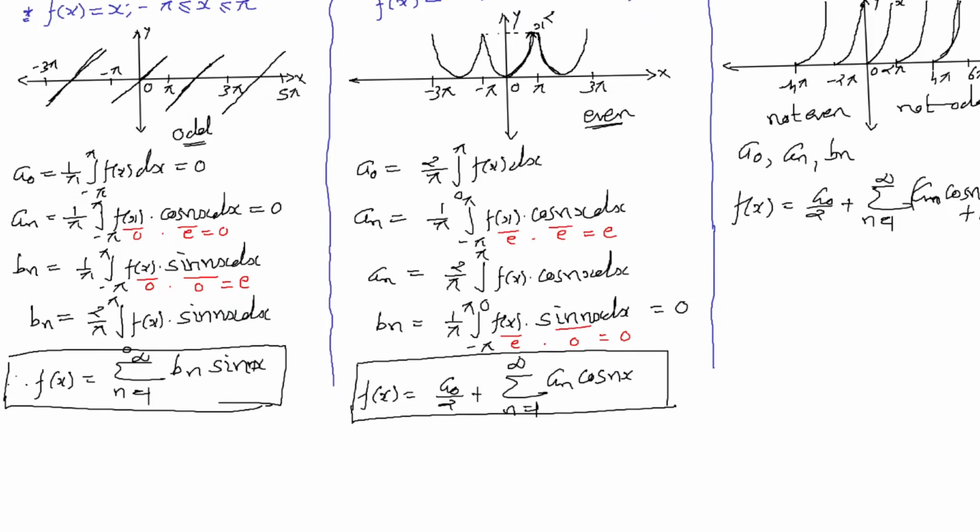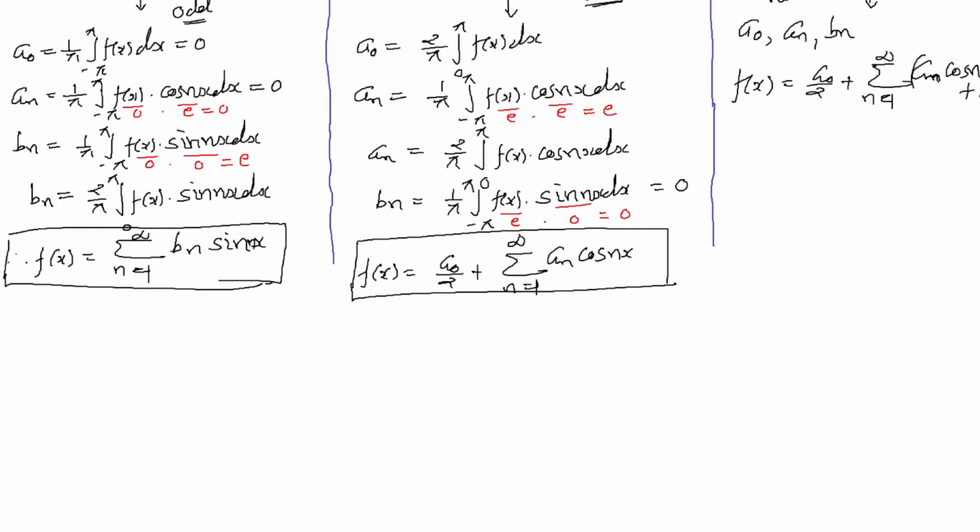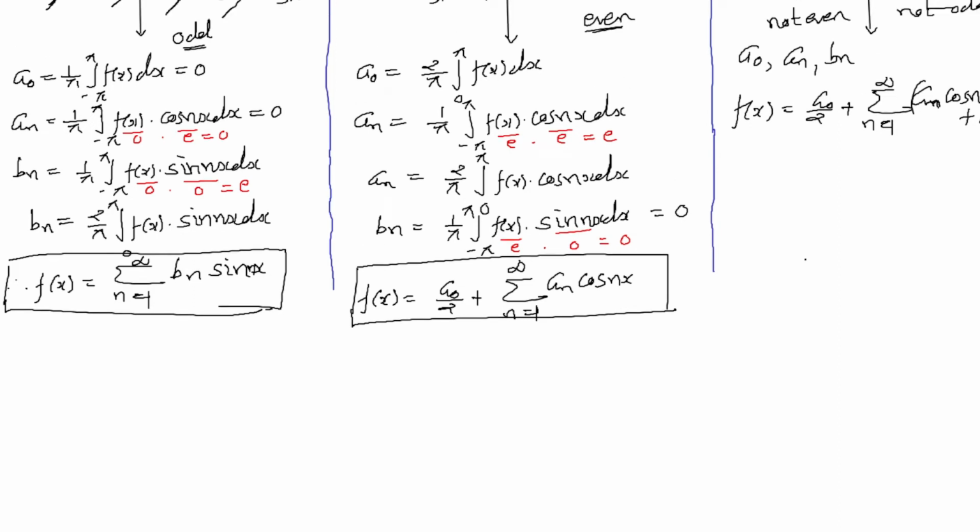So now, again look at these two portions. Here we have odd and we have even. For odd functions, this is the Fourier series, and for even, this is the Fourier series. Now see, summation bn sin nx, equation 1, contains only sine functions.